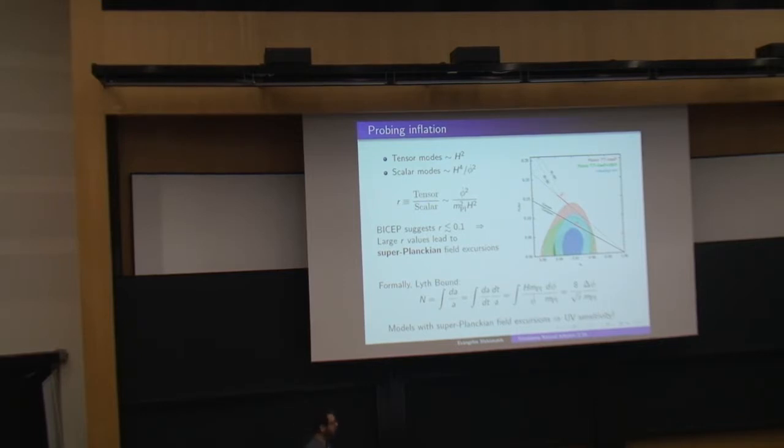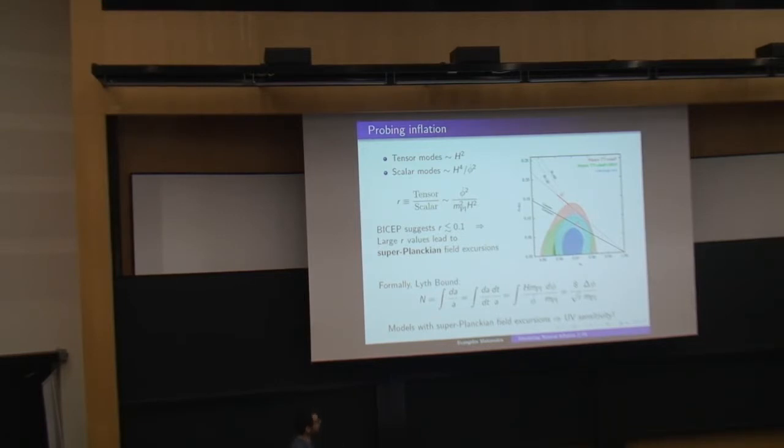during inflation. So assuming that some of the BICEP data is not dust, so assuming that CMB Stage 4 actually finds r to be 0.05 or 0.03, so close to the 0.1 ballpark, it will lead to super-Planckian field excursions.